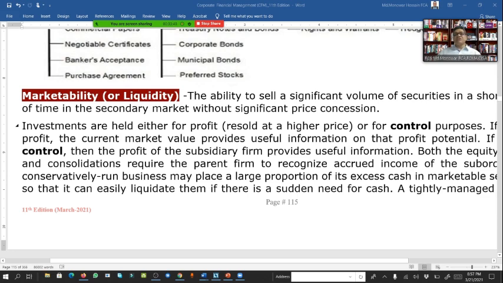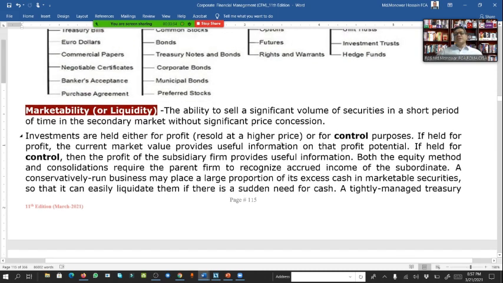Marketable means liquidity, the ability to sell a significant volume of securities in a short period of time in the secondary market without a significant price concession.